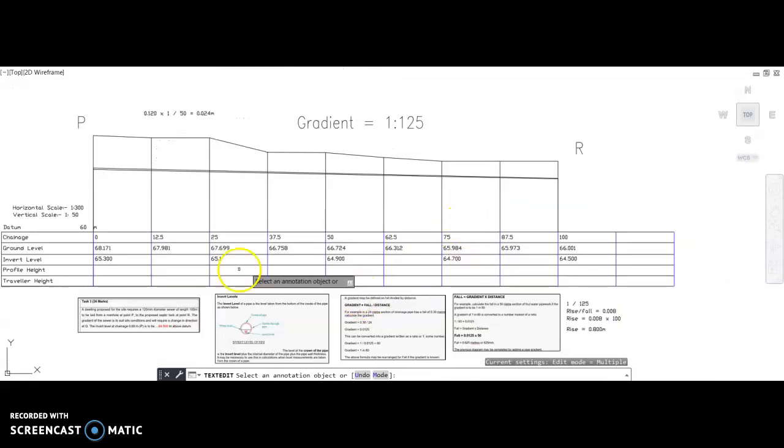And basically then you have got your different invert levels along that section.